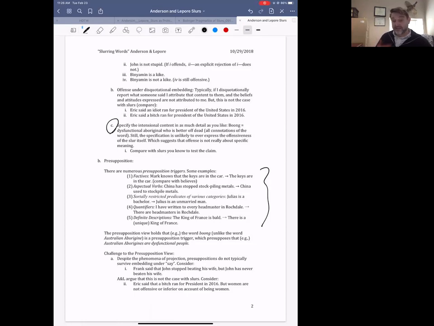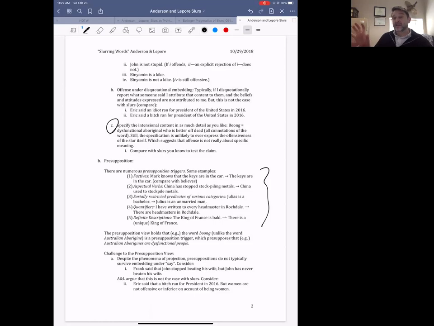But consider the next example of a slur. If someone says, "Eric said that a B word ran for president in 2016, but women are not offensive or inferior on account of being women," I would be denying maybe what could be the presuppositional content of the B word.